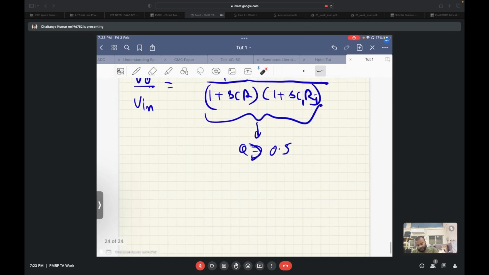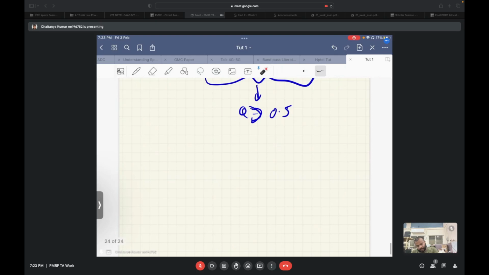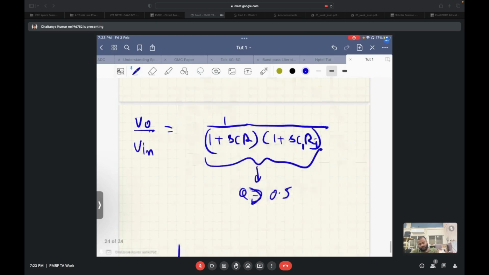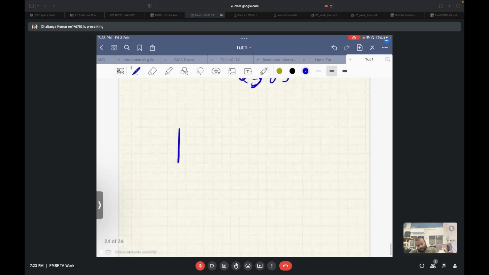So what we'll try to do over here is, this is a grounded node. This can be pushed to this node, but we need to invert the sign so that we can get a certain amount of positive feedback. So let's see how we do that.